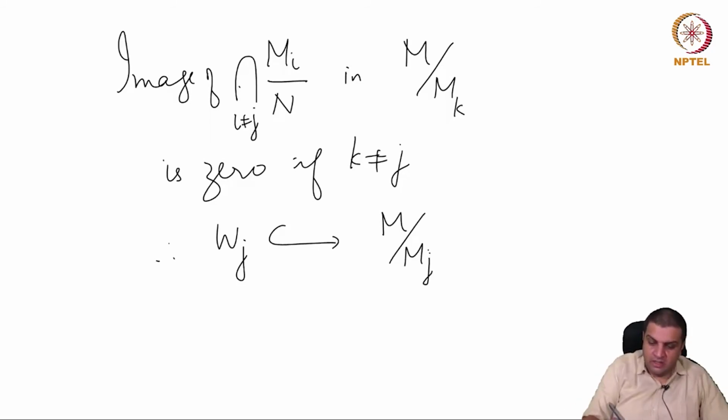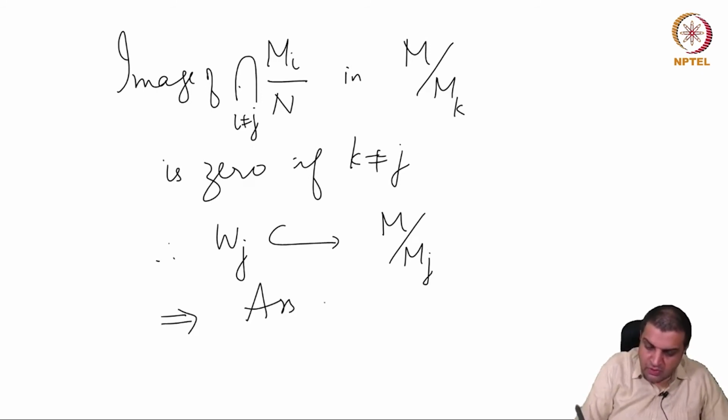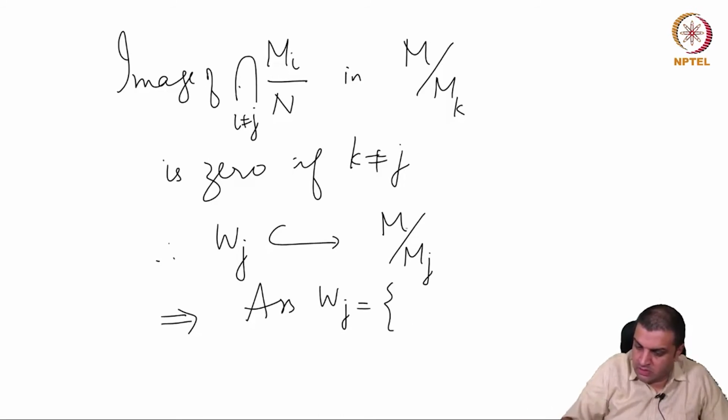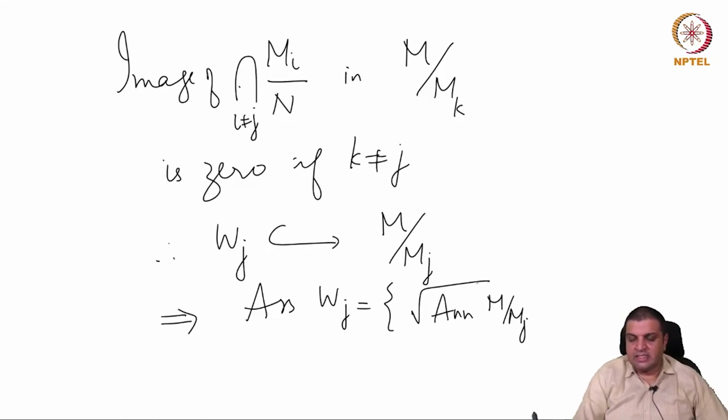In other words, the associated primes of Wj is equal to the radical of the annihilator of this one. This is a primary module, and the radical of the annihilator is some prime ideal, and it is primary to that prime ideal.